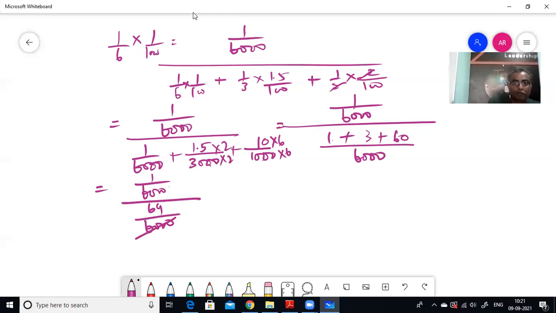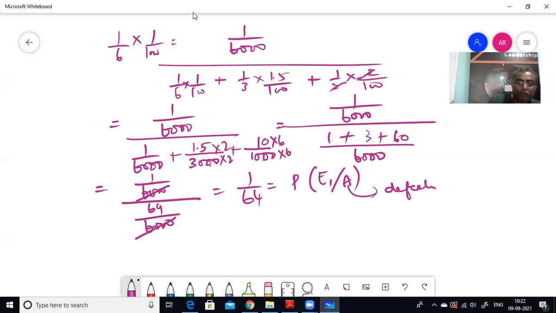Cancel both, you get 1 by 64. That is the P of E. A defective bolt is chosen, but it is chosen from machine 1, machine A. All right, we get 1 by 64.